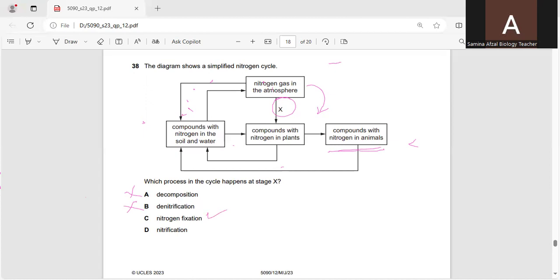And nitrification is when compounds with nitrogen in animals and nitrogen in the plant soil, so nitrification does not happen over here. This is only nitrogen fixation, which takes place when the plants get nitrogen from the air. So at X, nitrogen fixation is taking place. Now I would like to move to the next question.